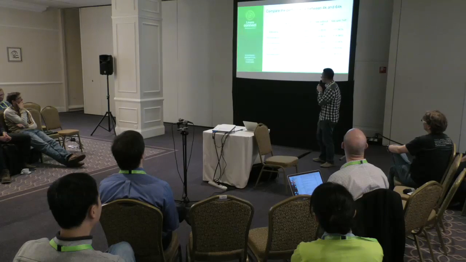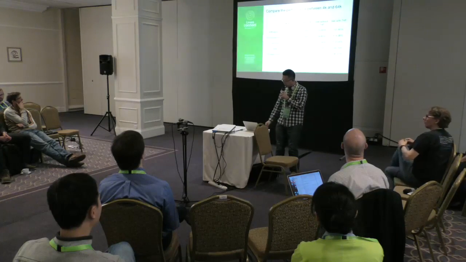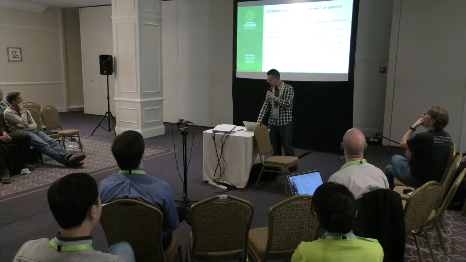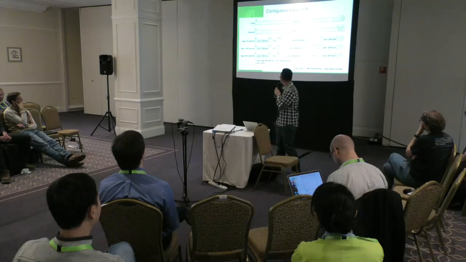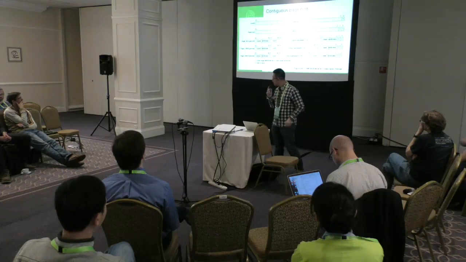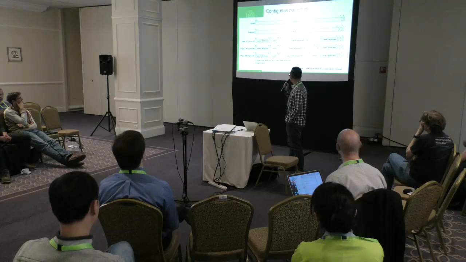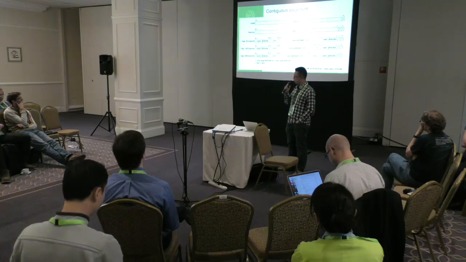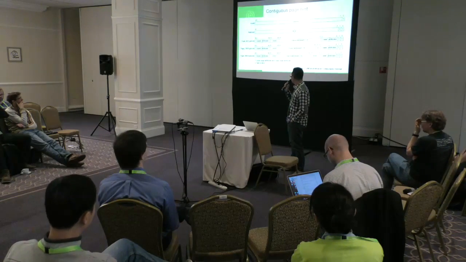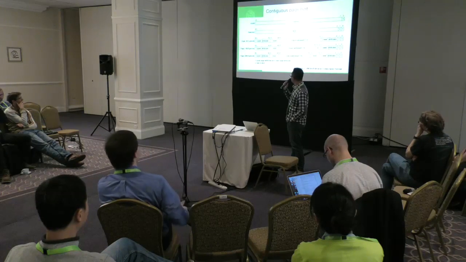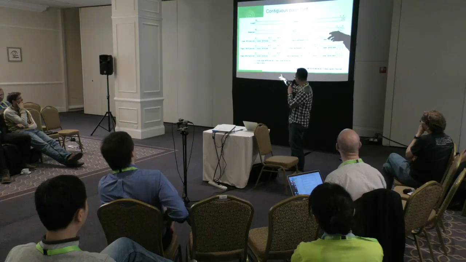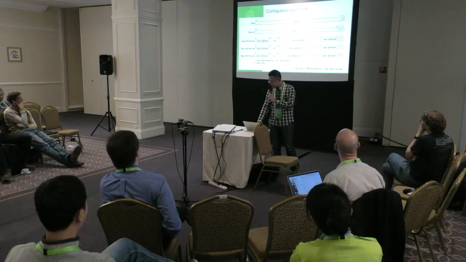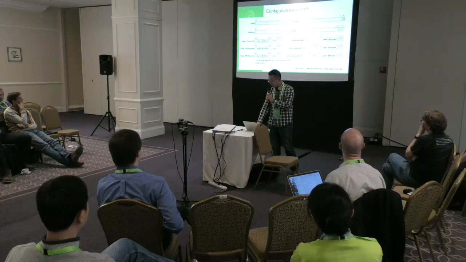So if migrating to 64K pages is not a good idea, how should we get a good balance between small and big pages? The idea is that there is a continuous page hint in the upper attributes in the page tables in the ARM architectures.